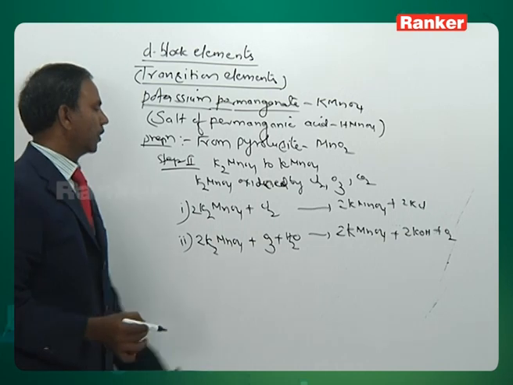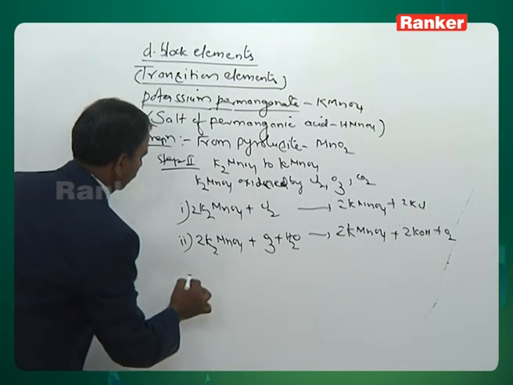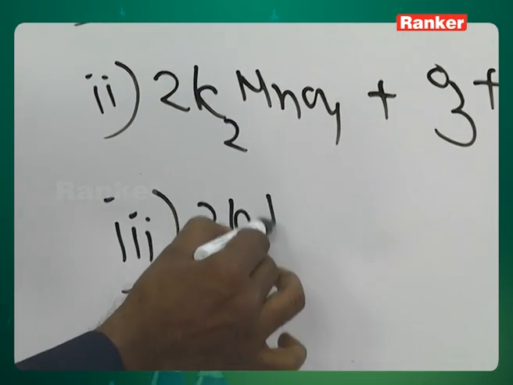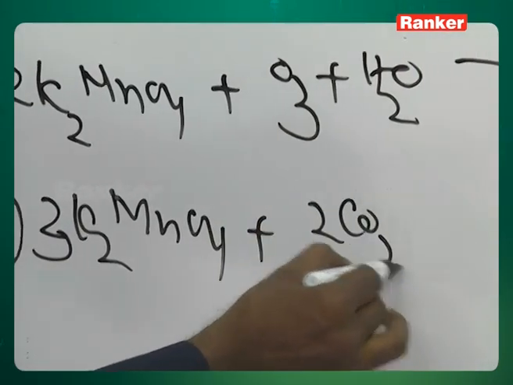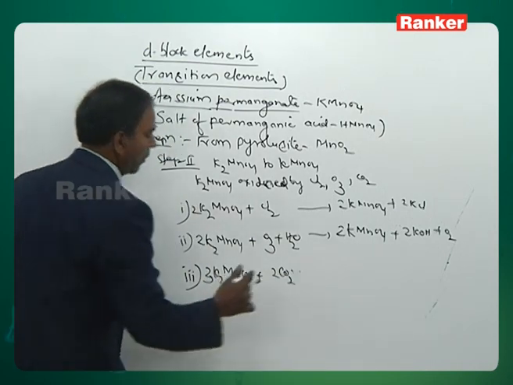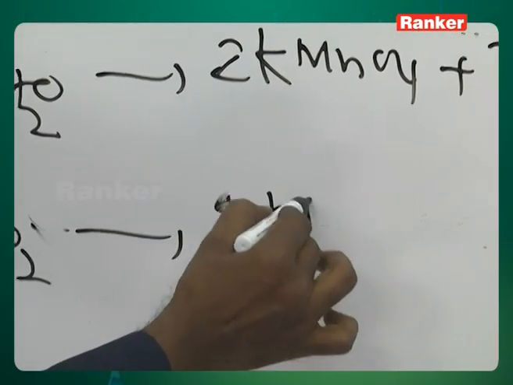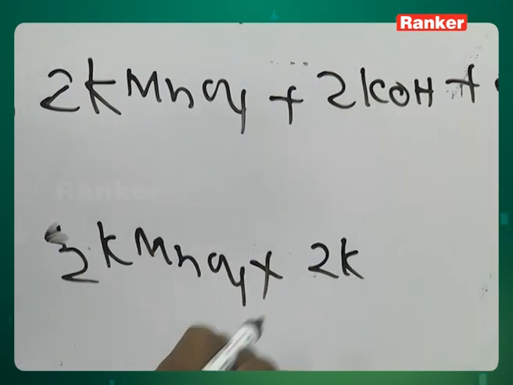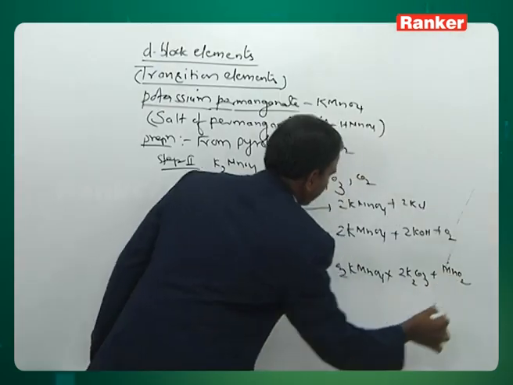The third way of conversion is by using CO2: 3K2MnO4, potassium manganate, plus 2CO2, then you get 2KMnO4 plus 2K2CO3 plus MnO2.